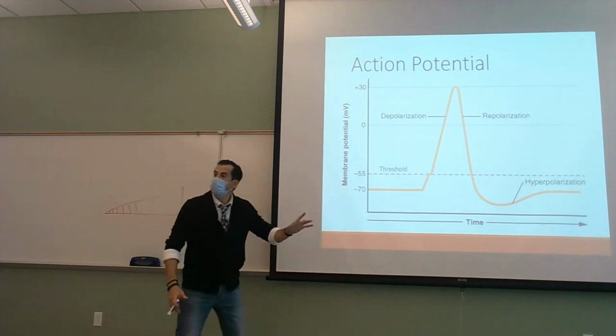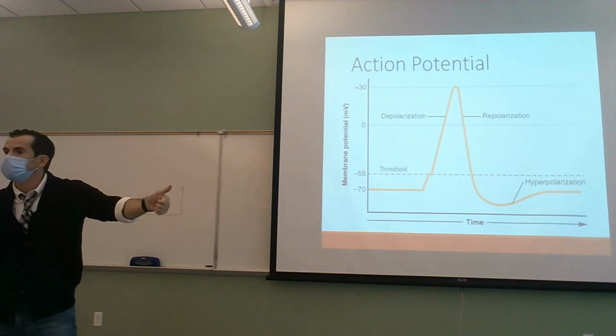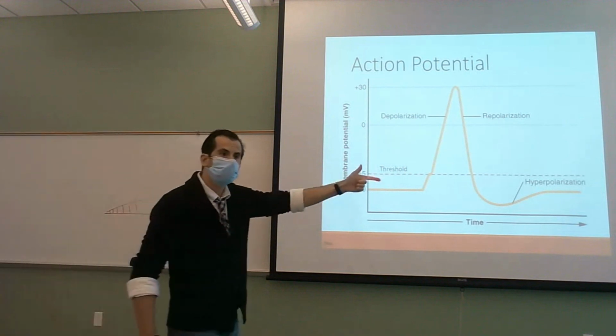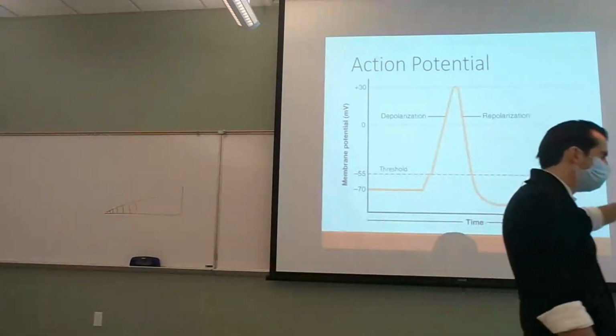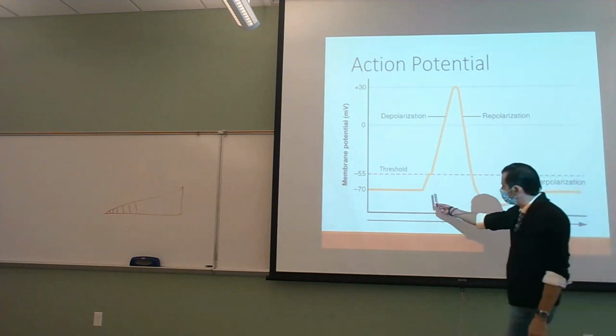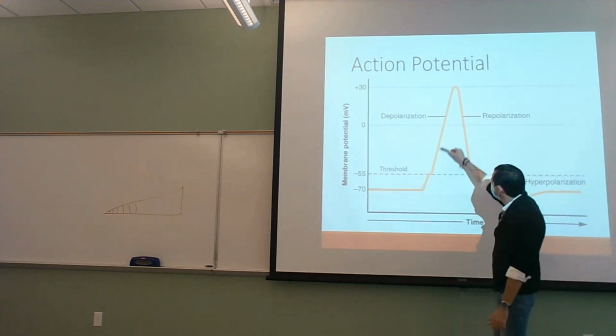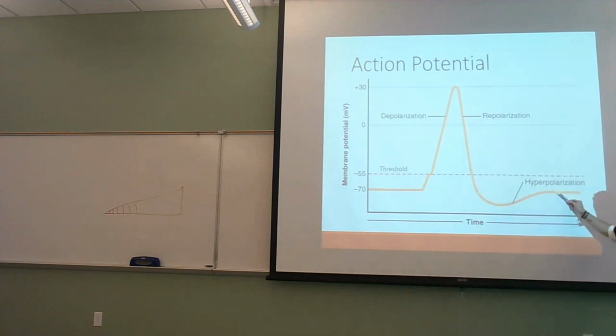Now, if we took those three different types of voltage, the resting membrane potential, the graded potential, and the action potential, and we're quickly running out of time, but I want to get us to a certain point here. Here is your resting membrane potential. Here is your action potential.